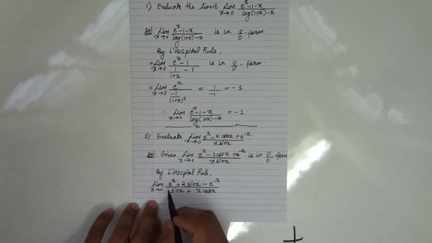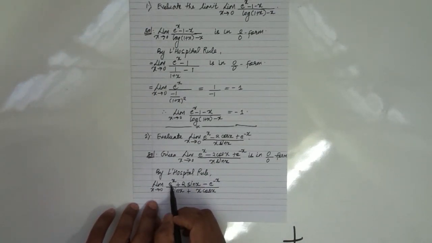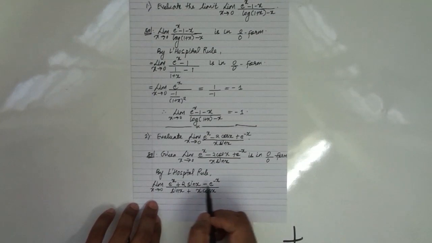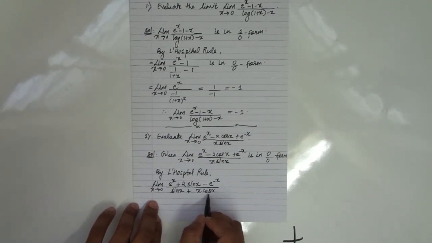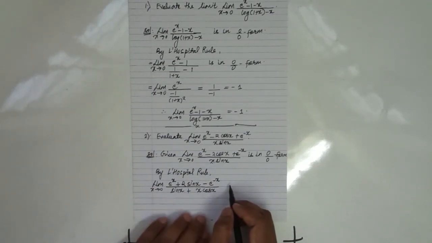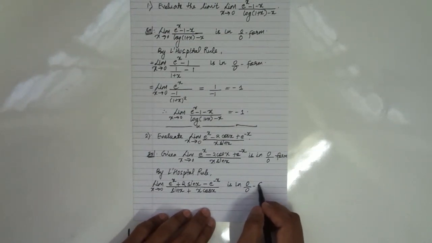Now again I will check by putting x is equal to 0 in numerator. What I will find that this is 1, this is 0, and this is 1. So 1 minus 1, 0. Sine 0 is 0, and 0 into cos is again 0. This is again in 0 by 0 form.